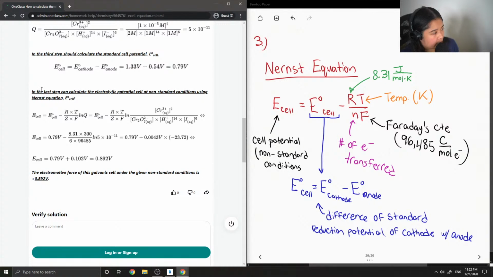Okay, so now in the last step, we can calculate the electrolytic potential cell at non-standard conditions using the Nernst equation.